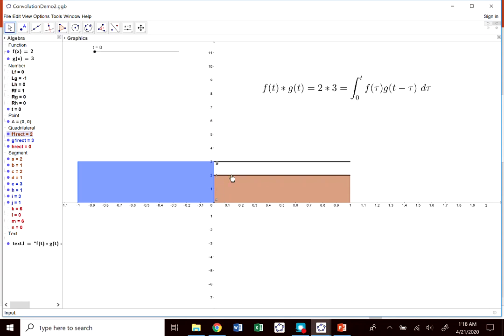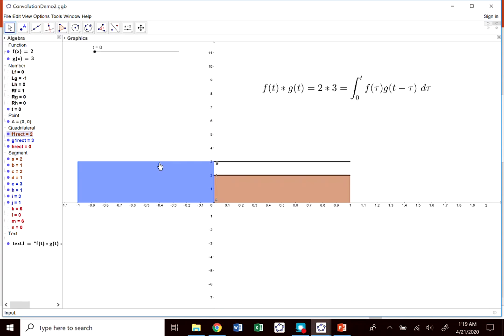Now, f of tau will not change. However, we have g of 0.1 minus tau. What does the graph of g of 0.1 minus tau look like if g of tau itself is just this horizontal line?